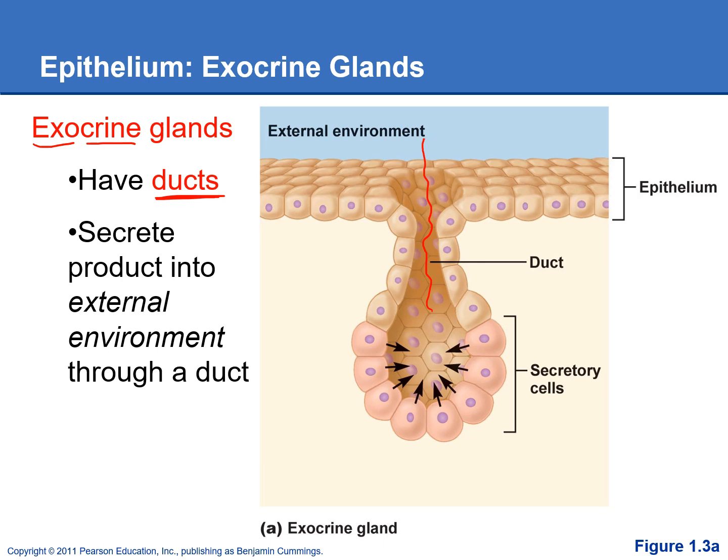Some examples of exocrine glands. You think about your sweat glands, your sebaceous glands or oil glands on your skin. We also think about your tear glands or lacrimal glands, mammary glands that produce milk, salivary glands, mucus glands, which we find in your nose, throughout your respiratory tract.